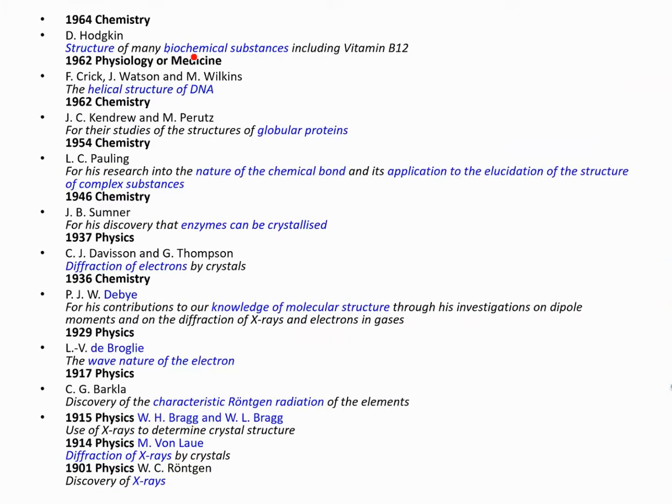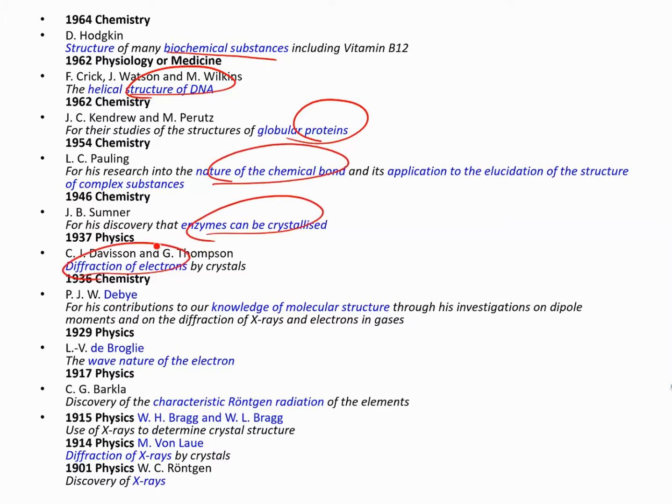Okay, we have structure of biochemical substances, the structure of DNA, protein, nature of the chemical bond, enzyme, diffraction, knowledge of molecular structure, wave nature of the electron, characteristic Röntgen radiation, X-ray to determine the crystal structure, Bragg law, and then diffraction of X-ray, and then discovery of X-ray.